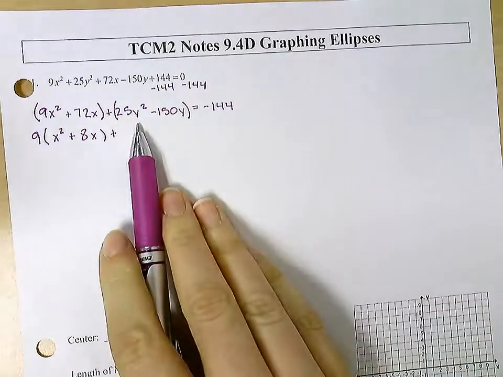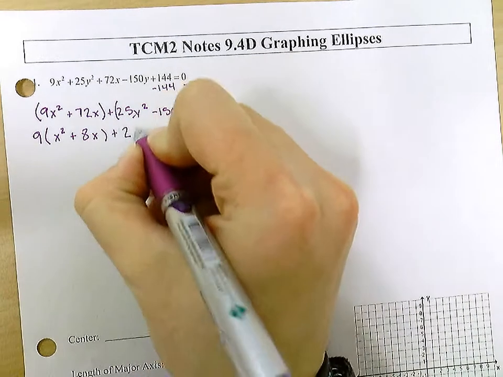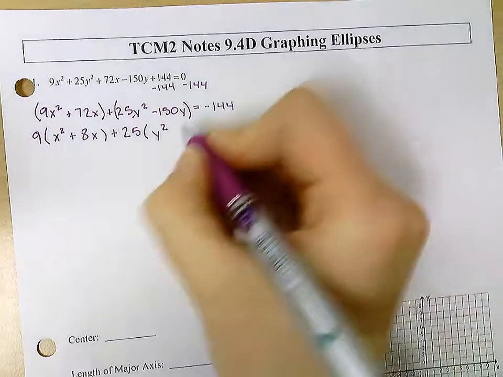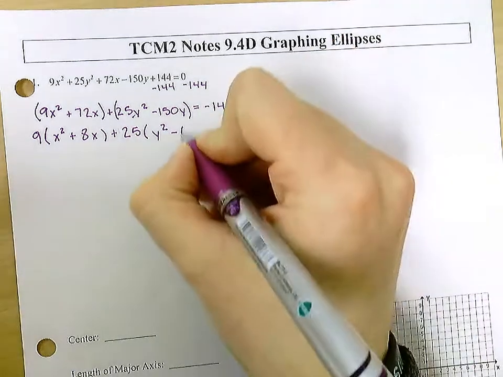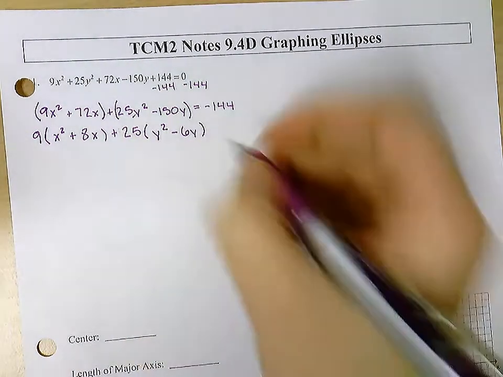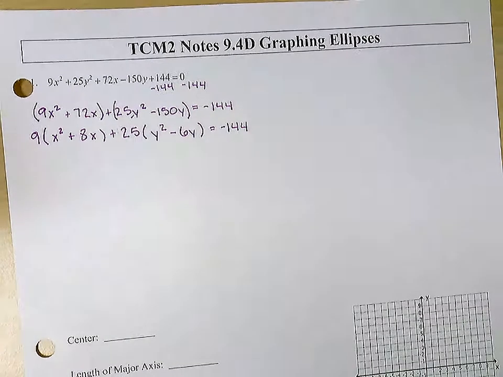Okay, same thing with my y's. I want to factor out that value next to y squared. That's 25. So I'm left with y squared minus 6y. So factoring out 25 from both those values. And I still have negative 144 on the right-hand side.